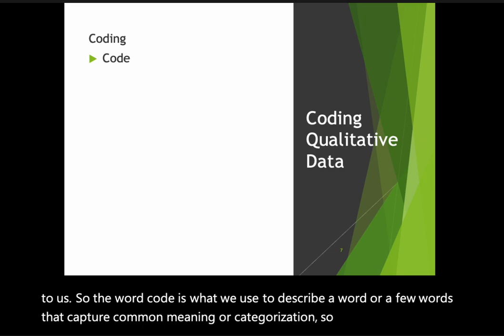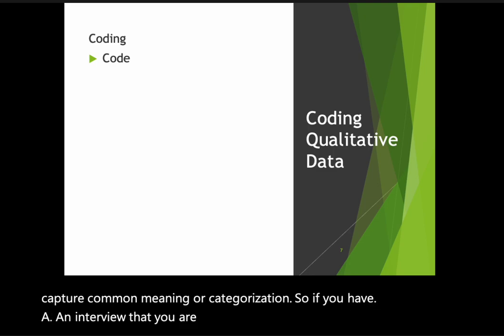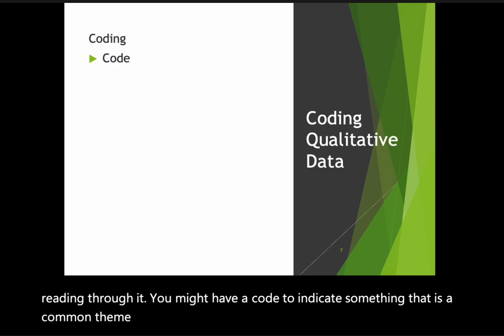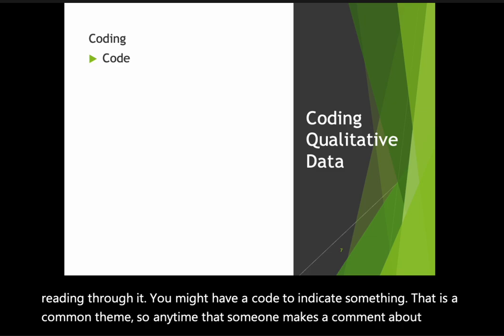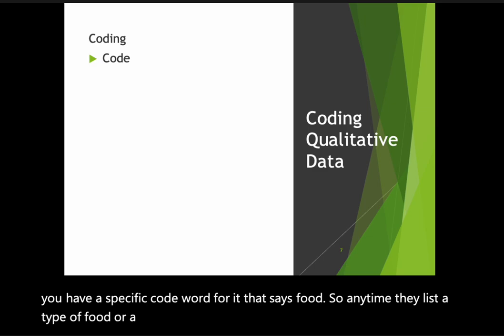So if you have an interview that you are reading through, it's been transcribed, you might have a code to indicate something that is a common theme. So anytime that someone makes a comment about food, you have a specific code word for it that says food. So anytime they list a type of food or a thought about food, you just put the word food. That's an example of a code.